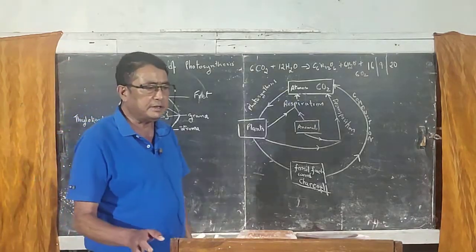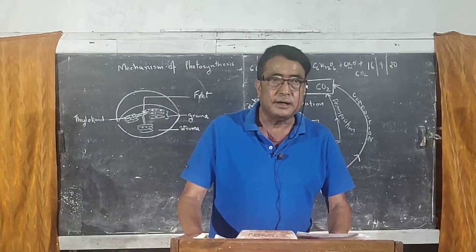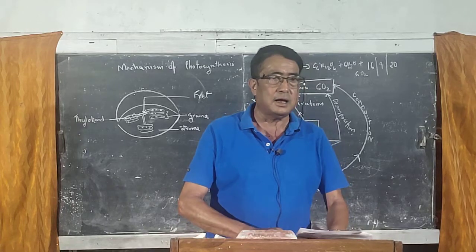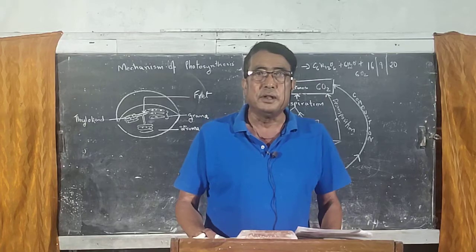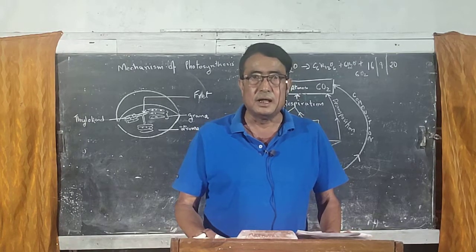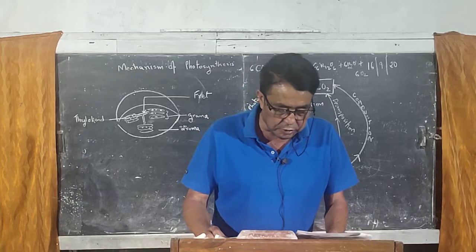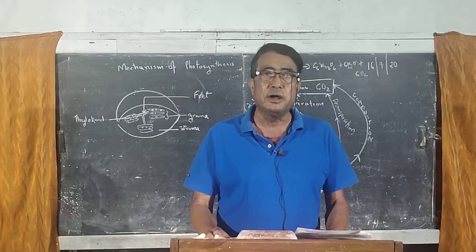Photosynthesis takes place in two stages: one, dark phase, and second, light phase. First we'll do the light phase of photosynthesis. Light phase is also called photochemical reaction or Hill's reaction.